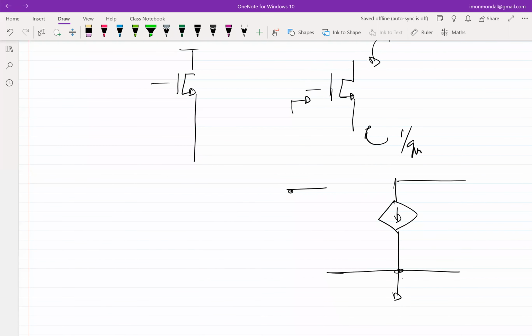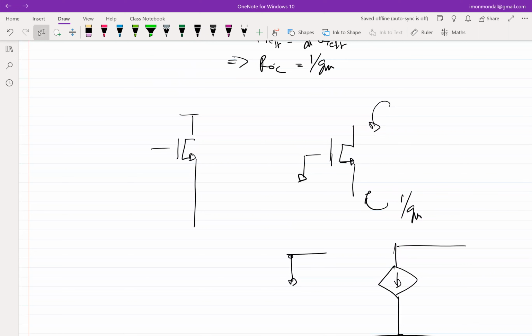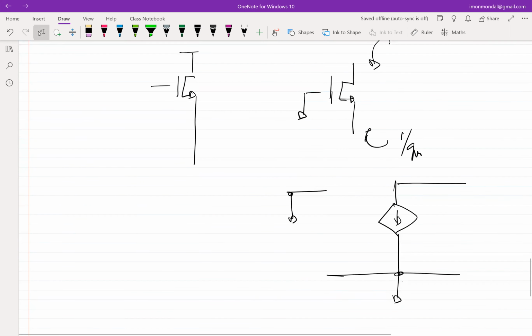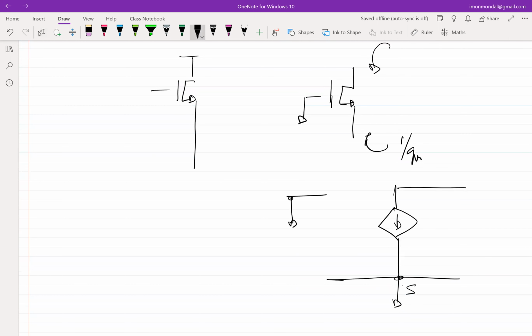If you have not connected, and let's say this is incrementally shorted, what is the impedance looking into the drain? This is Gm times Vg minus Vs, where gate is shorted, drain is source is shorted, so this is 0. So what is the impedance looking from here?